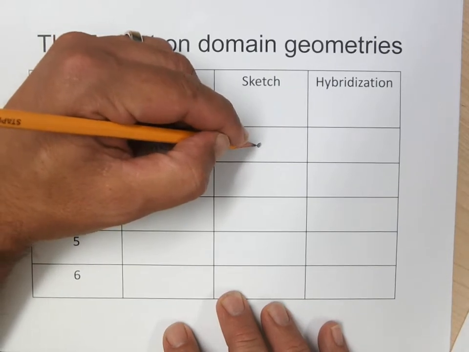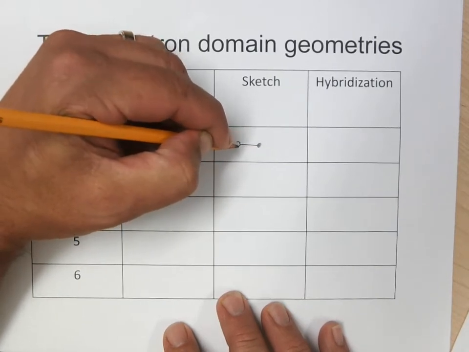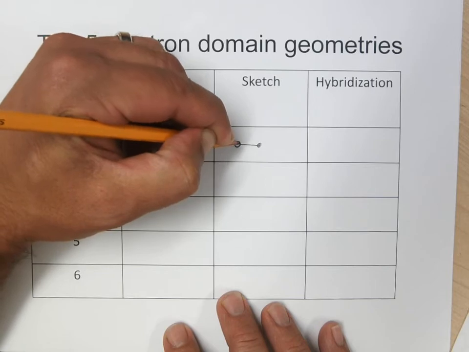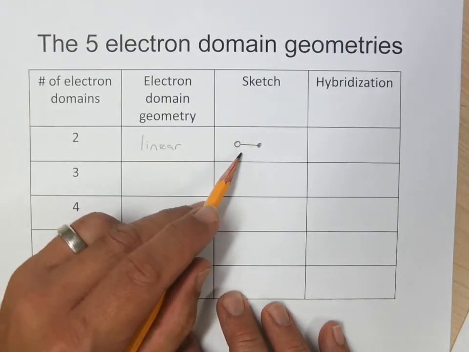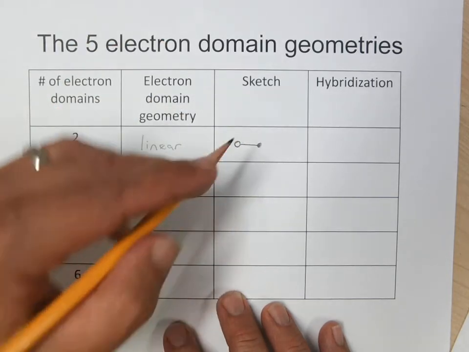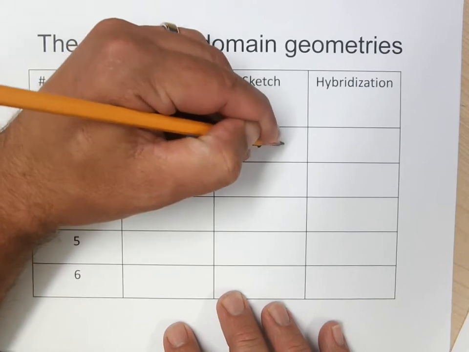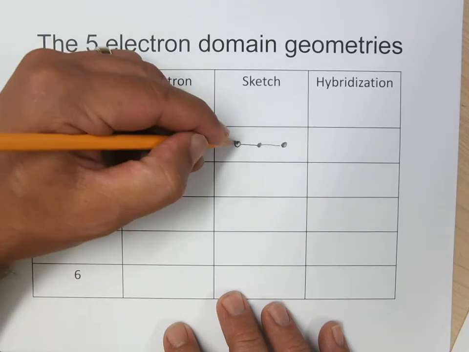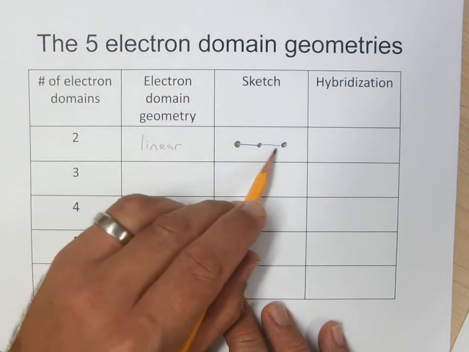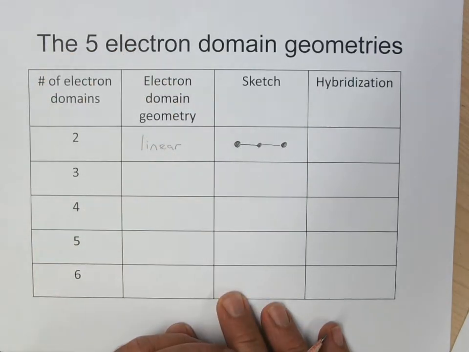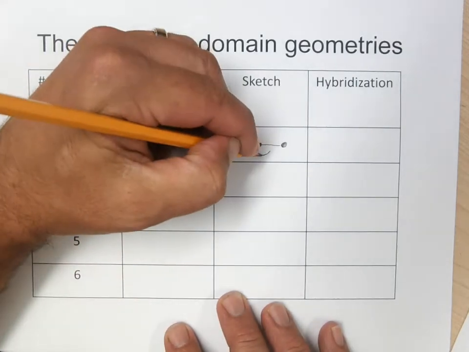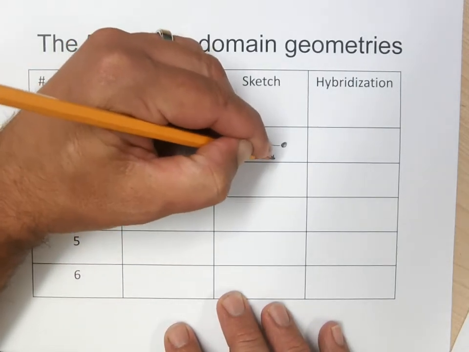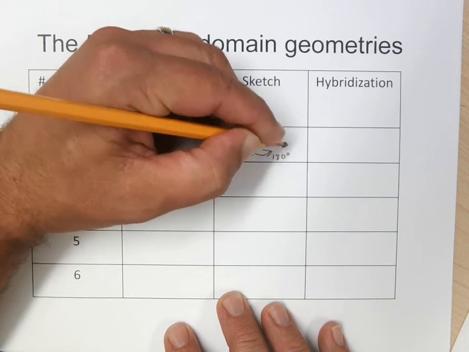And then if the first atom, or the first electron domain, bonds to it here, and the second one's trying to avoid the first one, where is it going to go? Why, 180 degrees away from there. And so you end up with this linear structure, the 2 non-central atoms bonded to the central atom and getting as far away from each other as possible, which leads to a bond angle of 180 degrees.